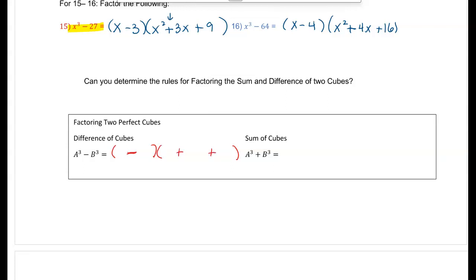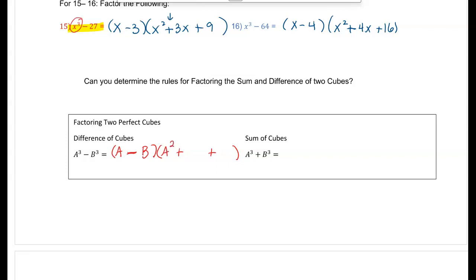All right. Now, what's the pattern for this? Look what happened here. If I had an x cubed, what did I put here? X. So isn't that going to be your a? And then if I have b cubed, which is 27, isn't that just going to be b? All right, now still using those, where do we get this? Look at the next one. That's going to be a squared.